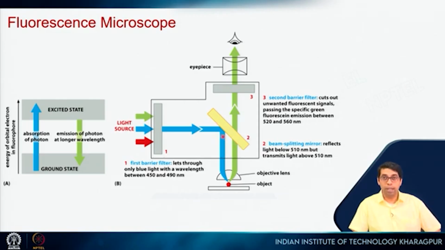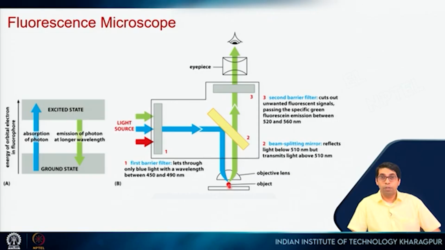This is a very interesting mirror because it will reflect light at a certain wavelength and it will become transparent for light at a different wavelength. So, it reflects light below 510 nanometer, but it will transmit light above 510 nanometer. This is blue light which is 450 to 490, which means it is less than 510. So, it acts as a mirror. It will reflect it, and that will be condensed using this objective lens, focused onto your specimen.